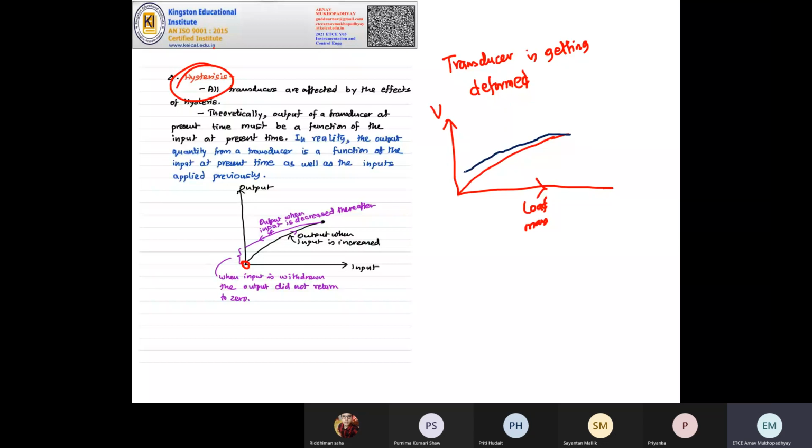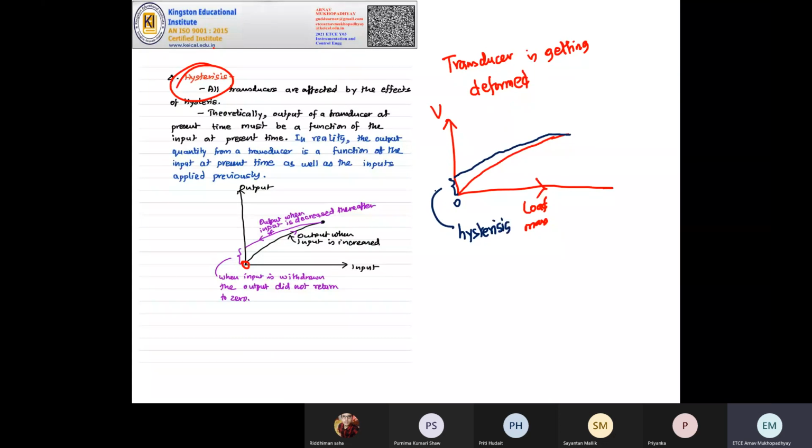And ultimately, when you release the strain gauge and it returns to its initial position, it's still showing some voltage value. That is not zero. That means it is no more relaxed. It has some hysteresis.